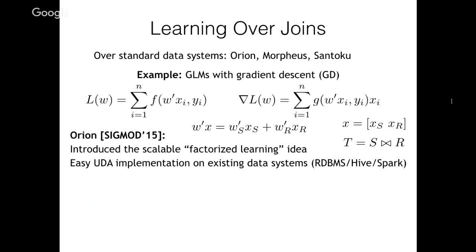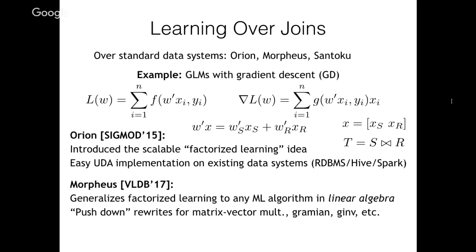And so that's the main idea of the factorized learning work introduced in the Orion system. And because many of these gradient descent-based machine learning algorithms are easily implementable using existing user-defined aggregate implementation, as Jun explained, with this simple observation, it turns out that they can still be easily implemented as user-defined aggregates over existing data systems, and you can still get the benefit of pushing ML down through joins. And this has been shown on top of relational database engines like Postgres, and also on top of Hive and Hadoop, and on top of Spark.